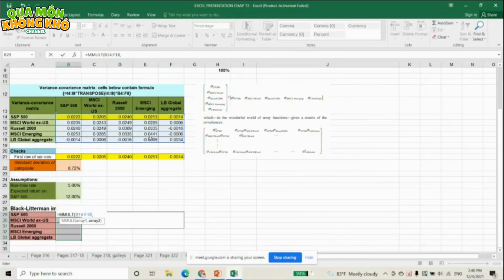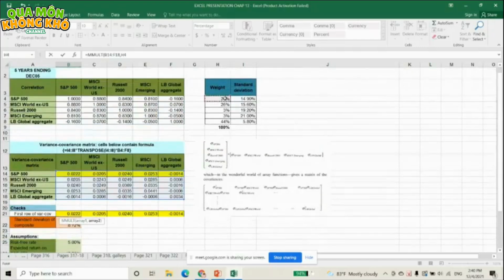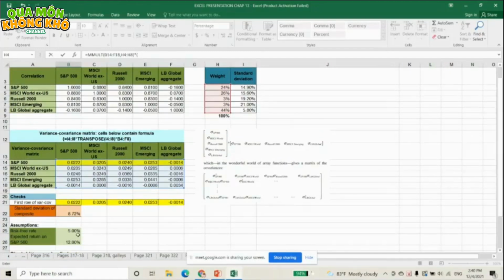And the second array is weight, and multiply with the expected return on S&P 5%, minus risk-free rate, and divide by the index. The first array is the variance and covariance matrix.